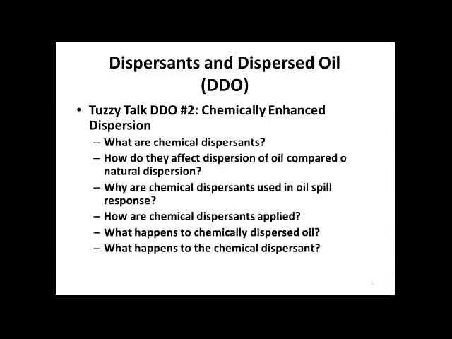Next time, I'm going to talk about chemically enhanced dispersion. That's where you add chemical dispersants, and we're going to talk about how adding chemical dispersants to the oil affects the natural dispersion. Then what are chemical dispersants, how are they used during response, how are they applied, and what happens to chemically dispersed oil and to the chemical dispersant.